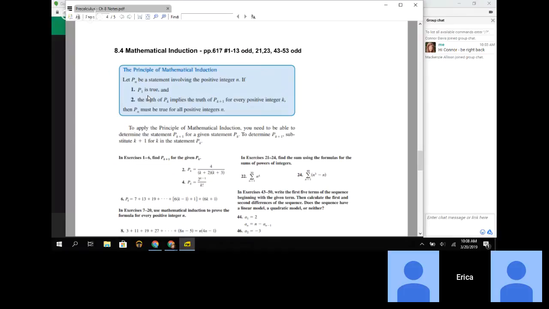If P sub 1 is true and the truth of P sub k implies the truth of P sub k plus 1 for every positive integer k, then P sub n must be true for all positive integers n. So when I read that, you guys totally got that, right?